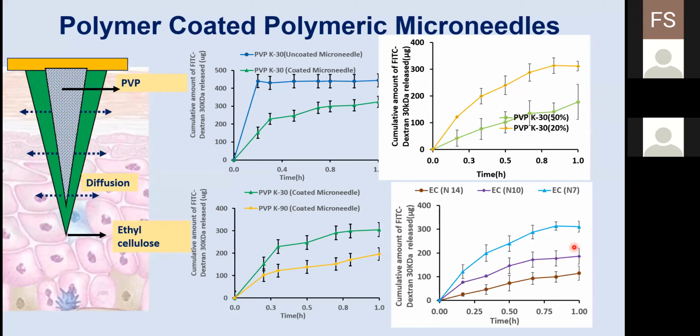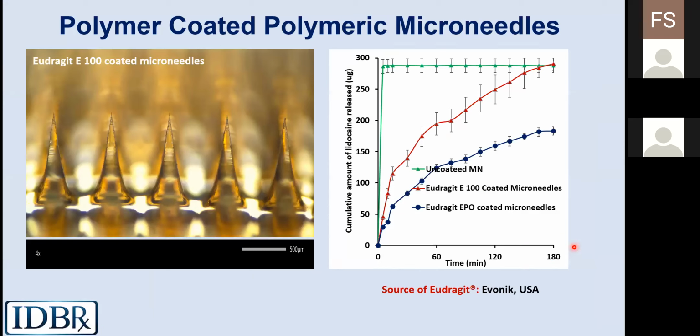The other polymer that we tried was Eudragit E100, also because it is not soluble in the alkaline pH range. It is soluble only in the acidic pH range. This is an excellent polymer. What you see in this picture is the polymer microneedle coated with Eudragit E100, and of course we incorporated a dye for good microscopic visibility.